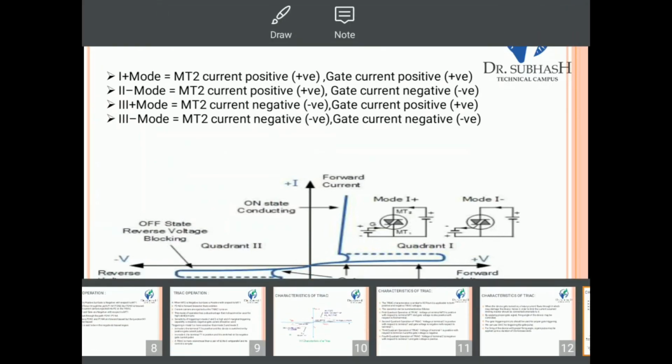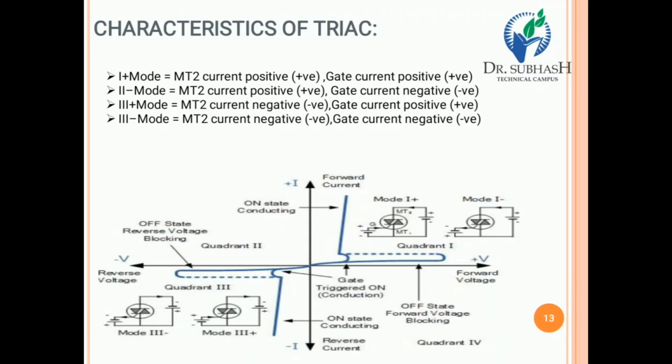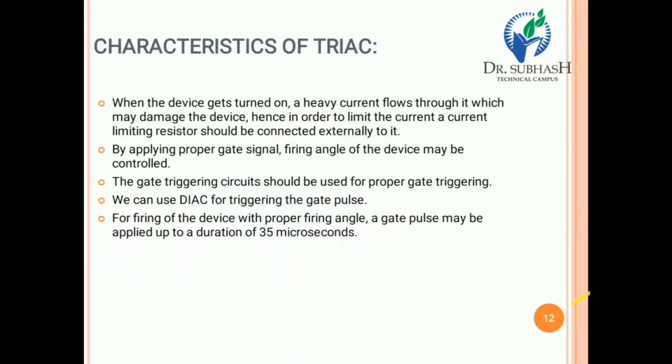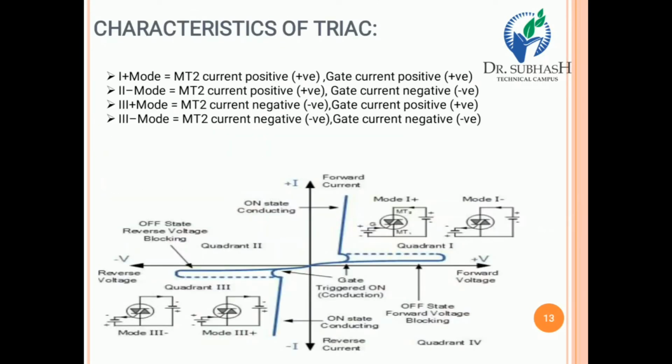In the second quadrant, the MT2 current is positive but the gate current is negative. In the third quadrant, MT2 current is negative and gate current is positive. And the last mode, MT2 current is negative and gate current is also negative, right?